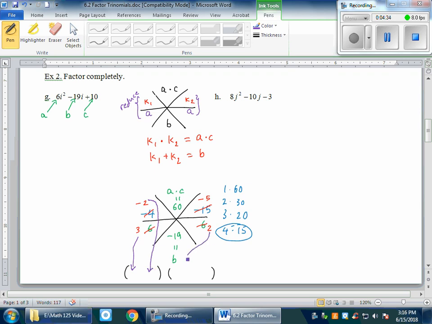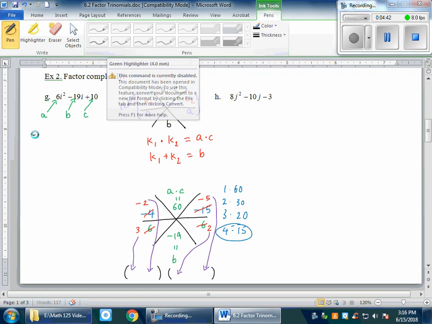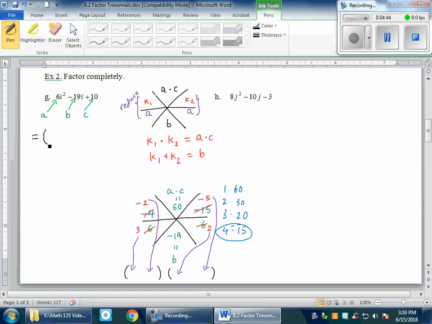So this 2 is going to go right there, and negative 5 is going to go right here. So our factors will become 3i minus 2 in the first factor, and then 2i minus 5. And this will be our final answer. You can always check by FOILing, right?